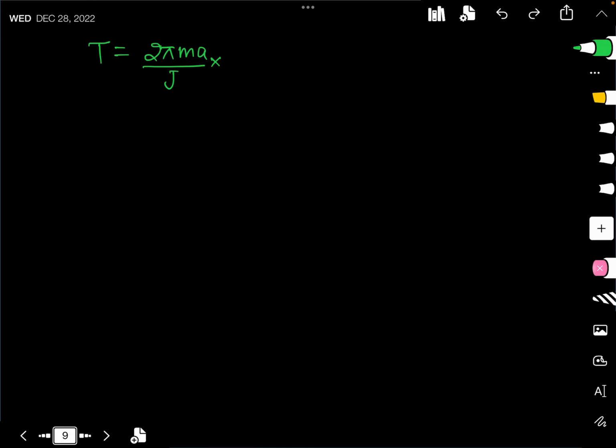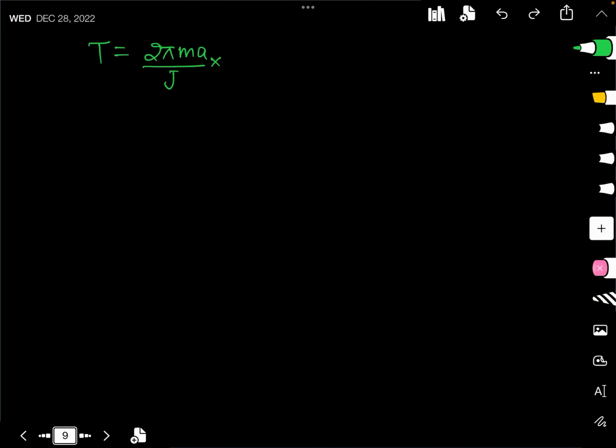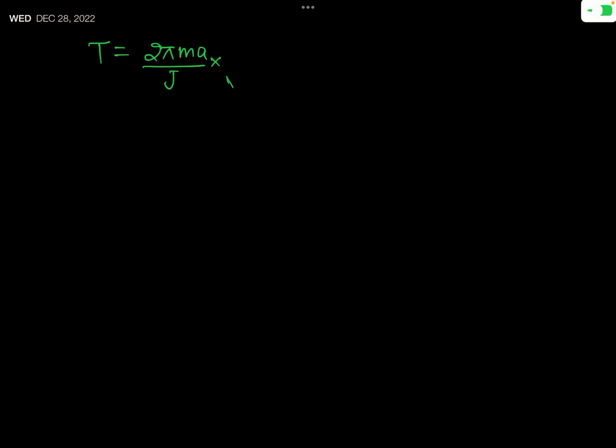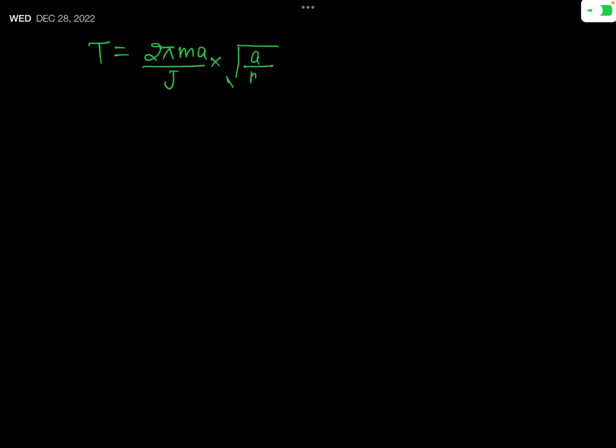And then we will get the expression for T. So T is equal to 2 pi m A divided by J times B, and B by J is equal to root over A by MC.